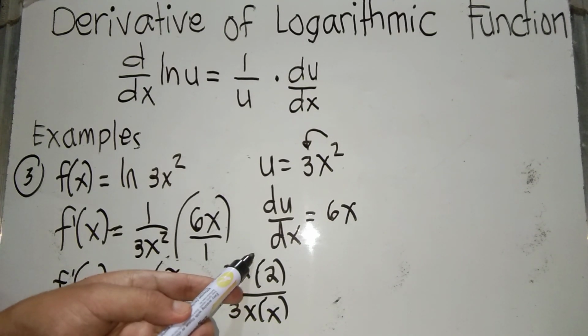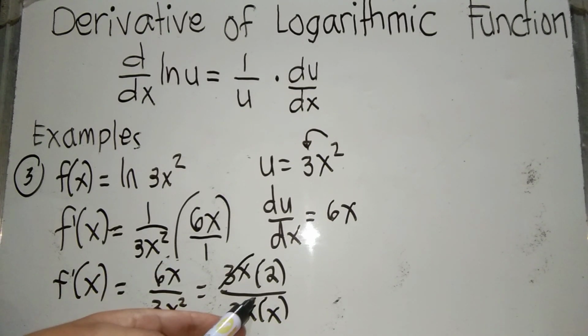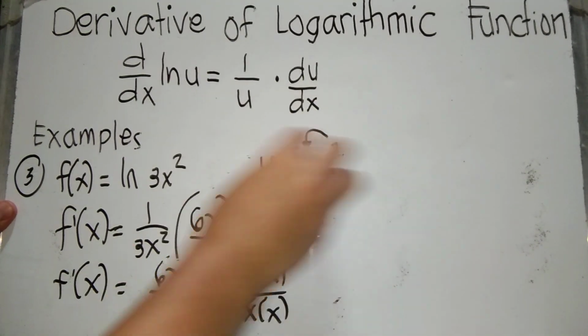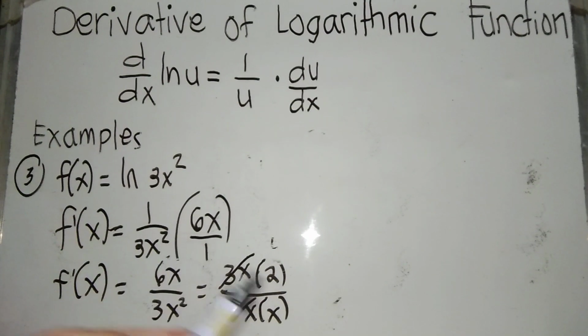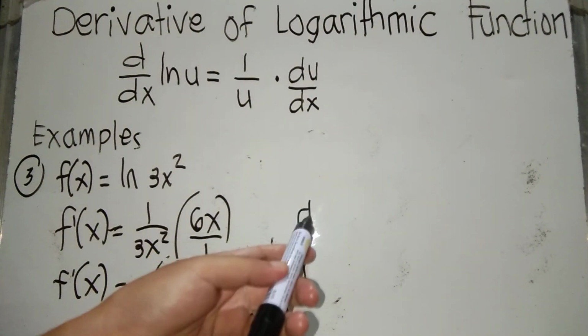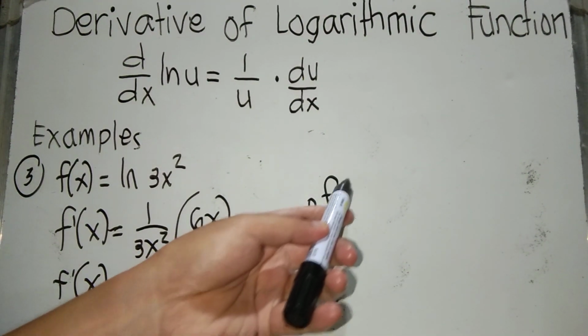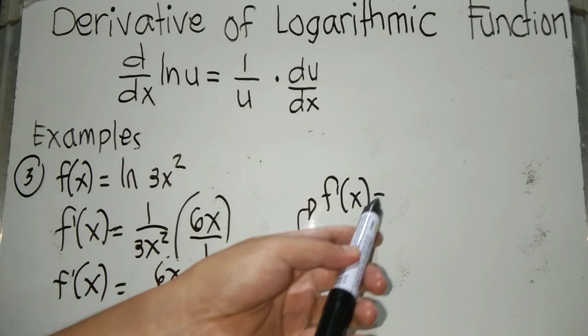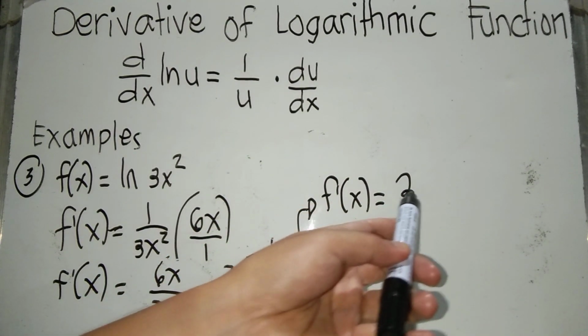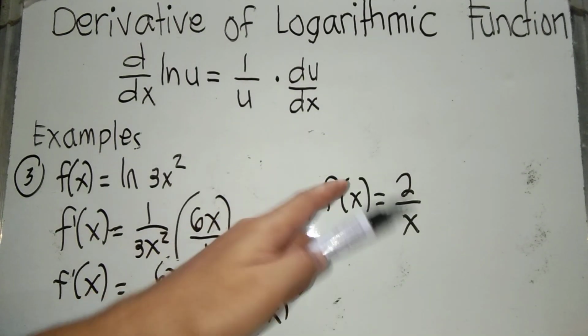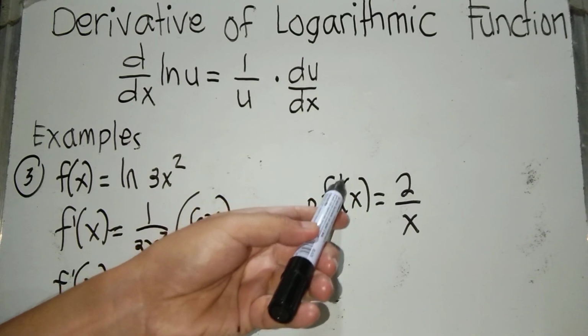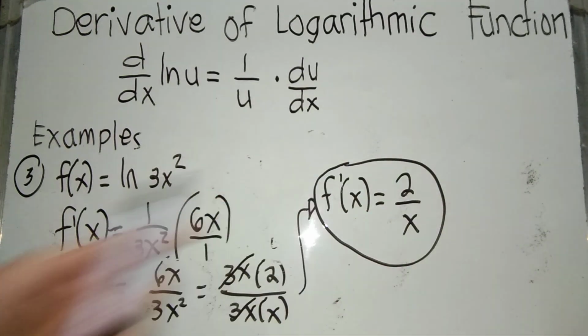In that case, you have a clear transition on the cancellation of 3x. In short, the derivative, denoted as f prime of x, is now equal to 2 over x. This is now your answer.